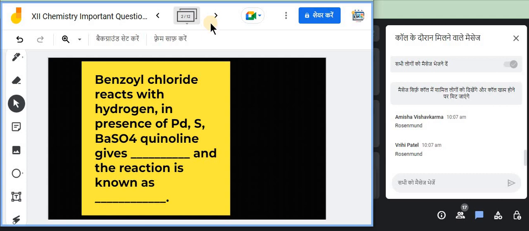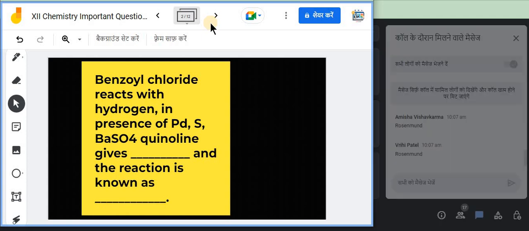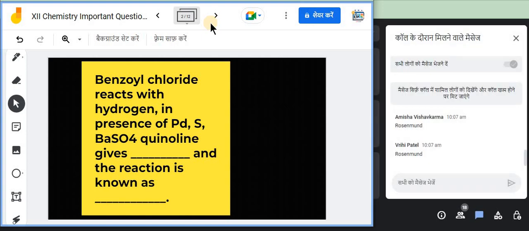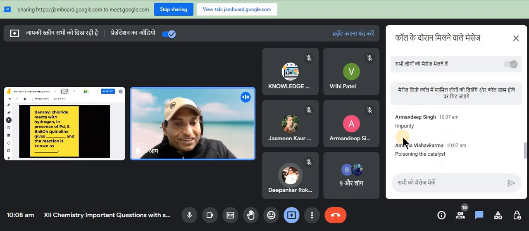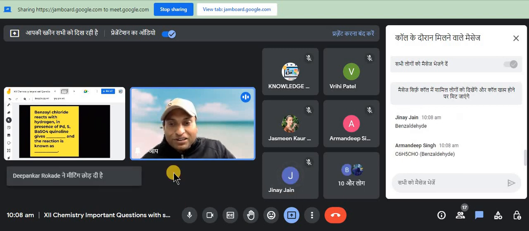Because benzoyl chloride has 7 carbons with the aromatic part, what will be the product? Already Arman has written the answer. It is benzaldehyde, right?